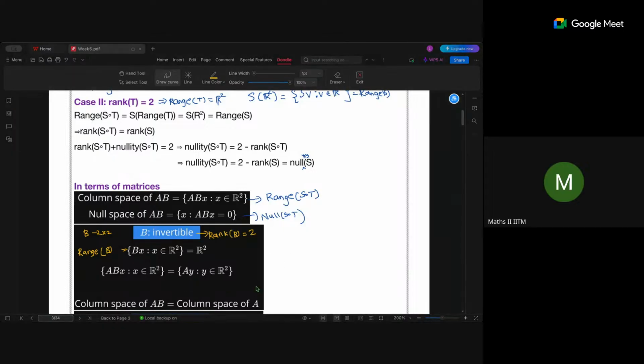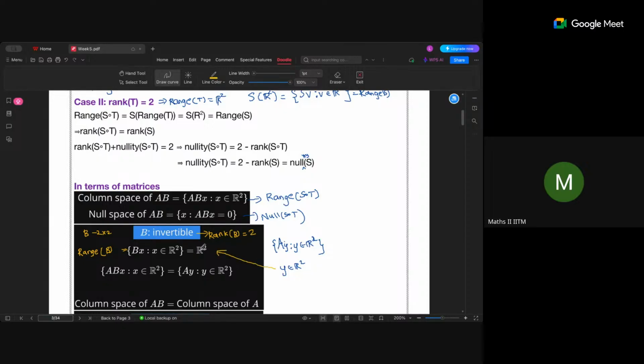It is because here you see that, consider Ay, maybe I'll write here only. So consider Ay, y in R2. Now if y is in R2, you look at this relation.